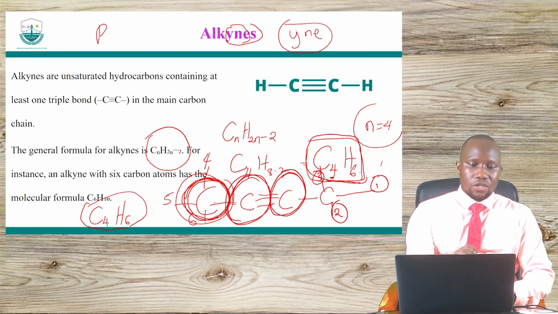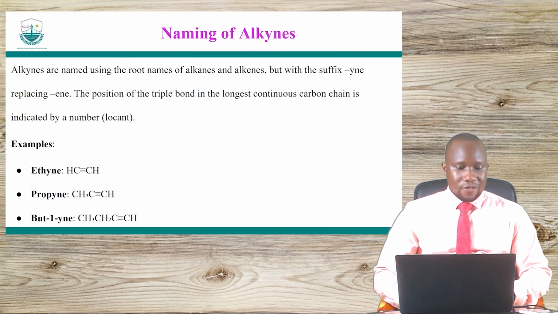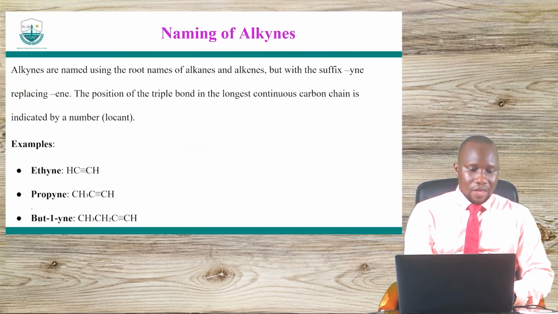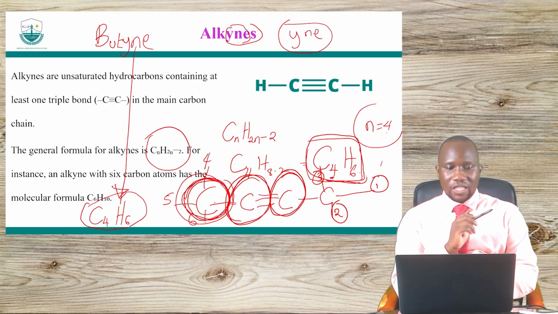So but- plus yne gives butyne, right? It's this one down here. Yes, that's the one. So here, butyne. Okay. What is the unique thing with this one according to what we had just written here?